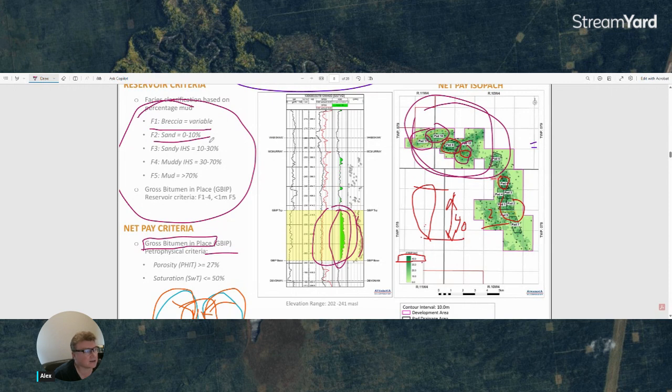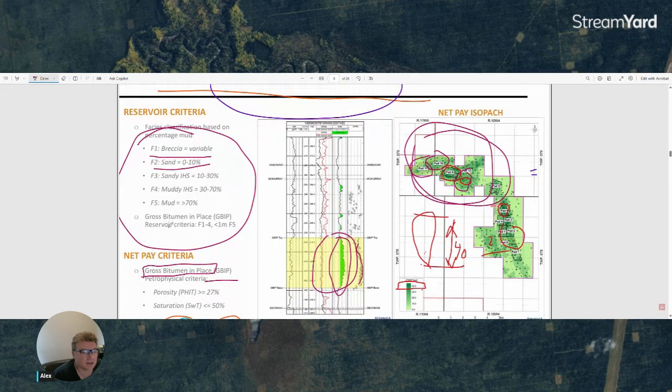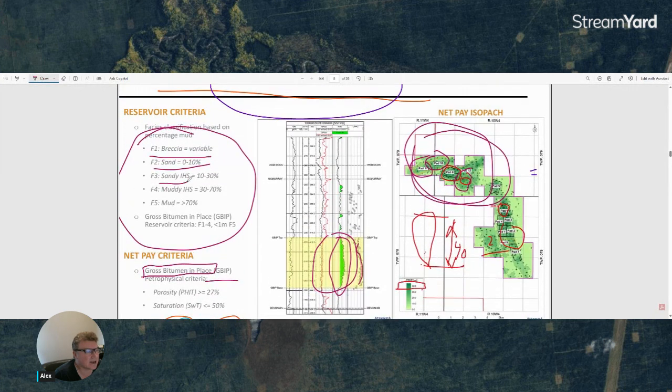And this is basically a very low heterogeneity. So this is like homogeneous reservoirs with sand, very little mud content, so basically very few low permeability regions. It gets more challenging with sandy IHS. Those are defined as inclined heterolithic stratification.